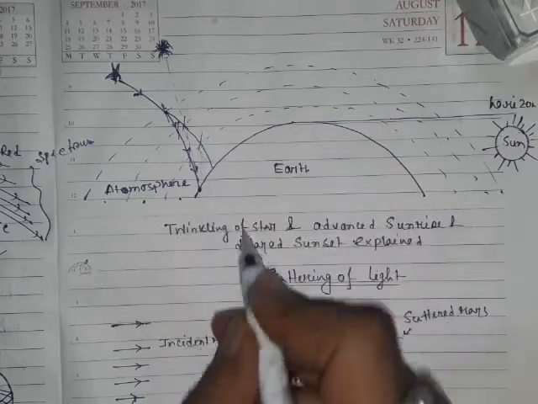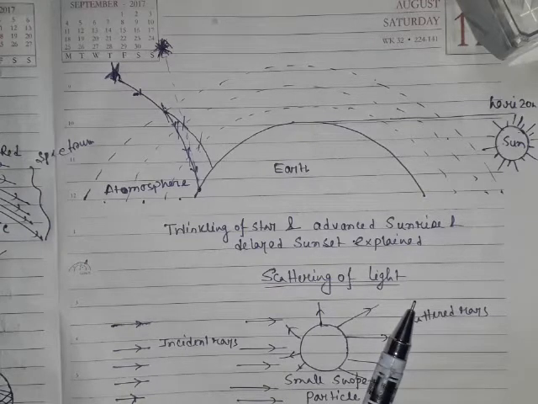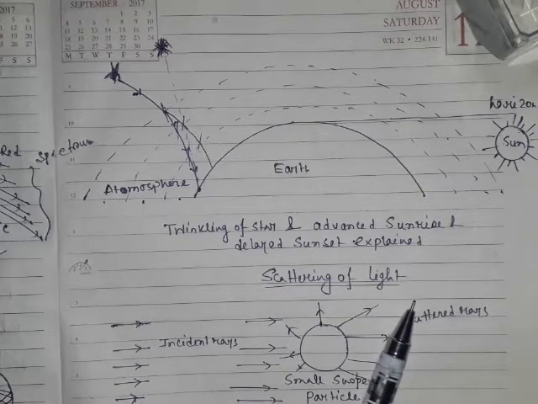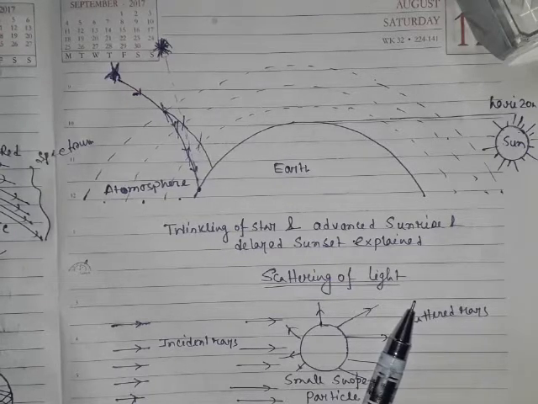I am just showing one ray of light, but there are millions or billions of rays of light coming from that star, which is not a countable thing at all.